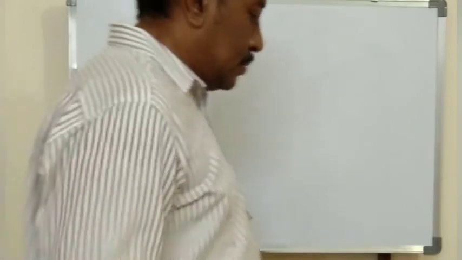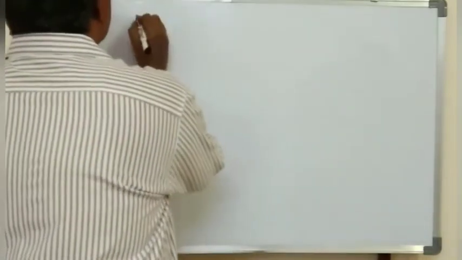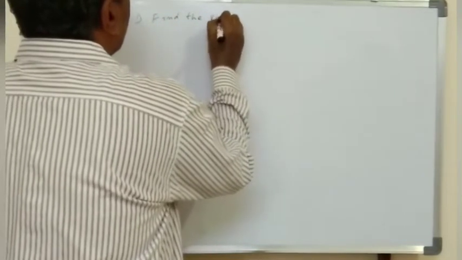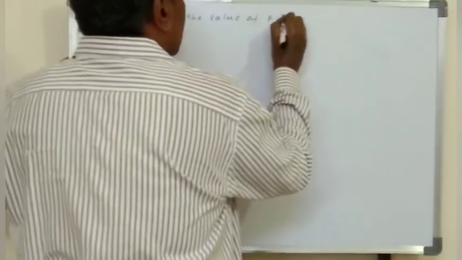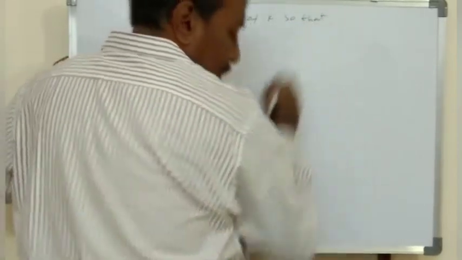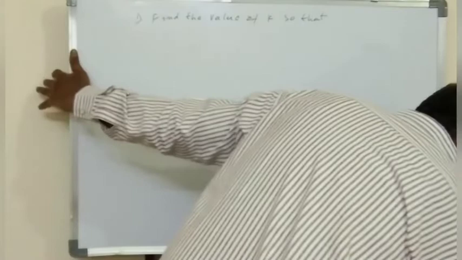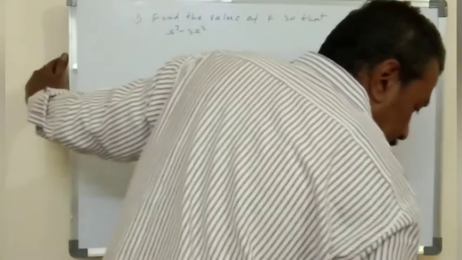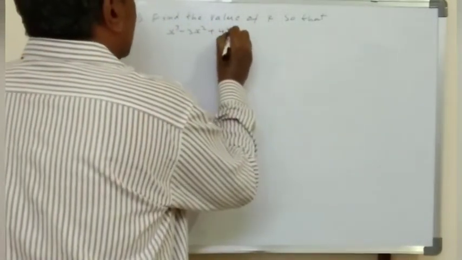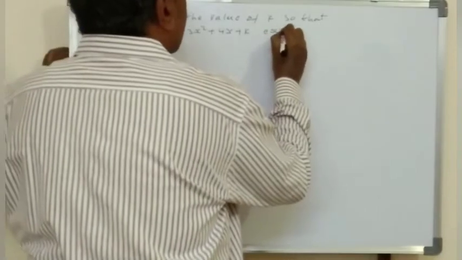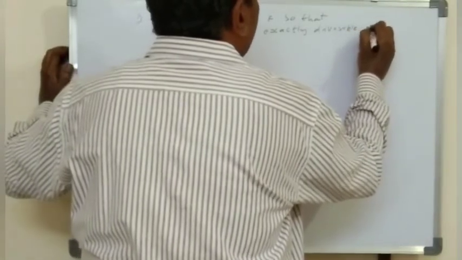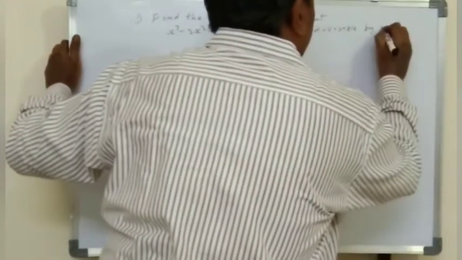Here is a problem: find the value of k so that x cube minus 3x square plus 4x plus k is exactly divisible by x minus 2.